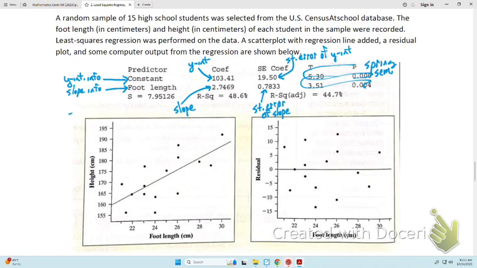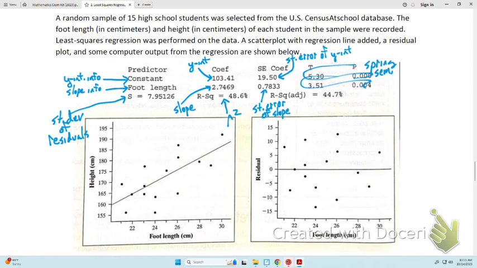The S right here, this is the standard deviation of the residuals. And obviously, this one is r squared. So we have one on here that is left that I haven't talked about.